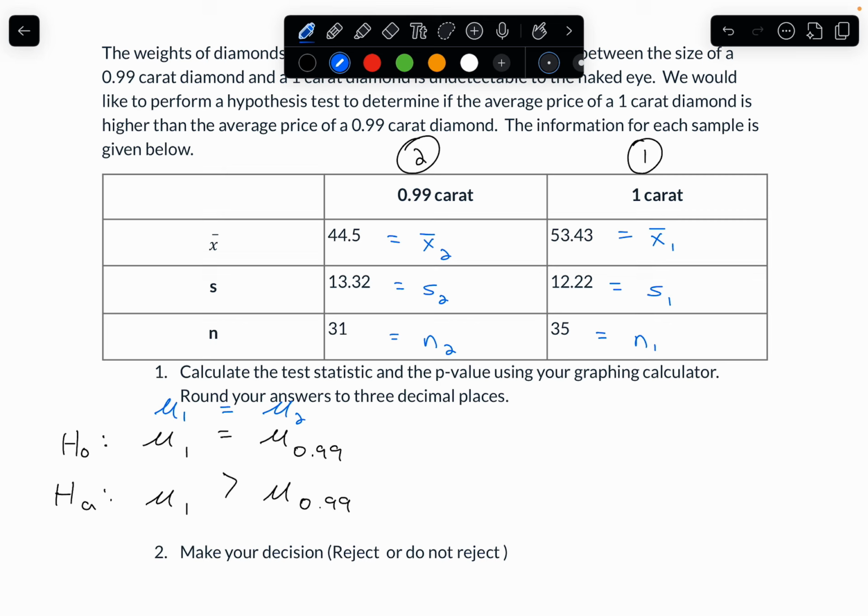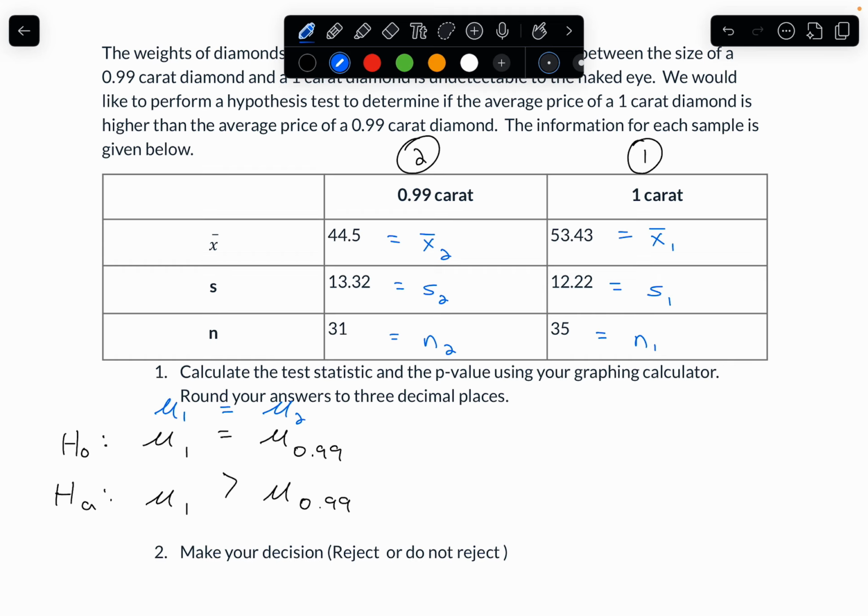So it's helpful to have all this information laid out in front of us so that we can input this into our calculator, which we're going to do in just a moment. So we've got everything that we could possibly want out of this problem. The next step is to go tell it to the calculator.